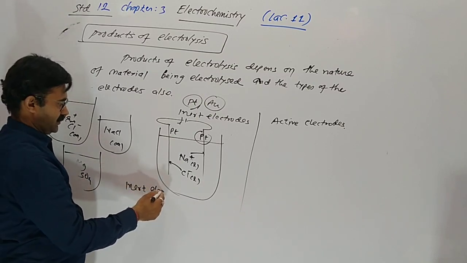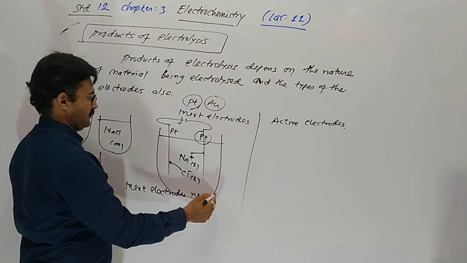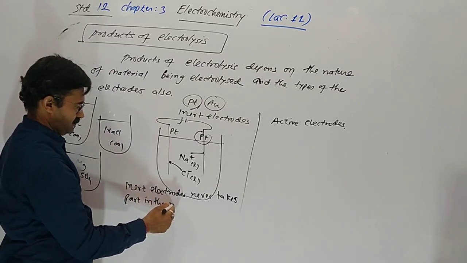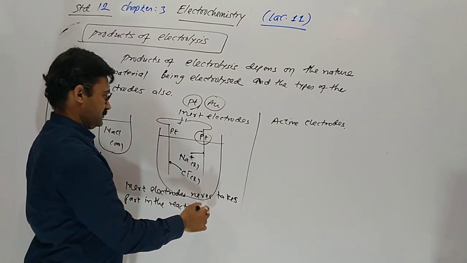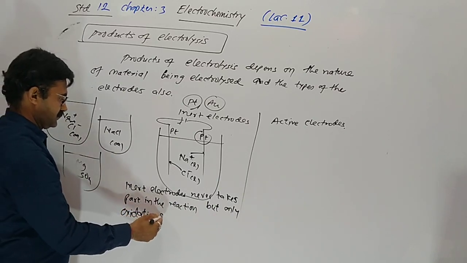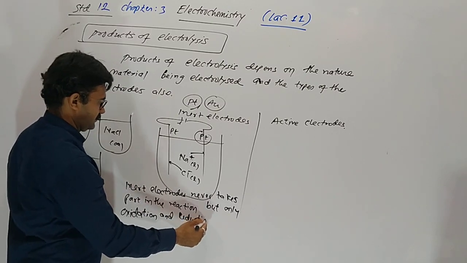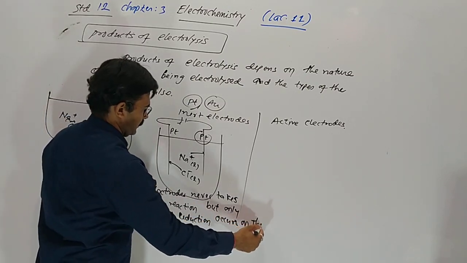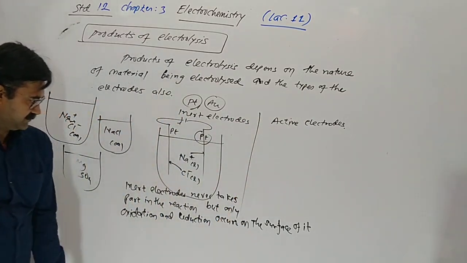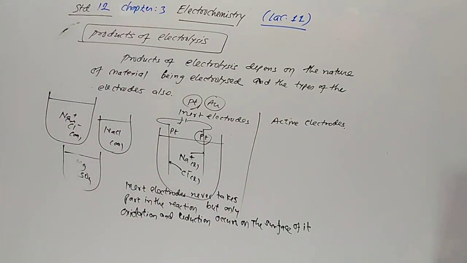Inert electrodes never take part in the reaction, but only oxidation and reduction occur on their surface.